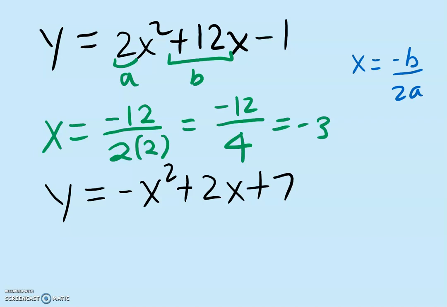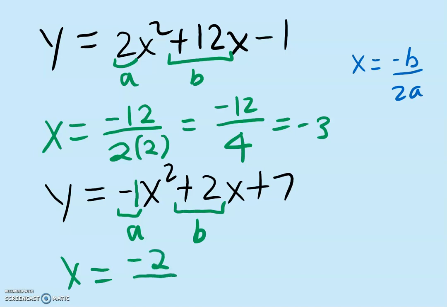For the second example, we don't see a number here, so we could put a 1 here. So now you see that a is equal to negative 1 and b is equal to positive 2 from the equation. So x is equal to negative b, so positive 2 we're going to change to a negative 2.